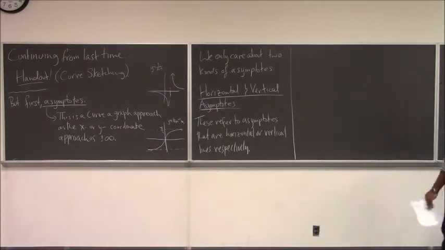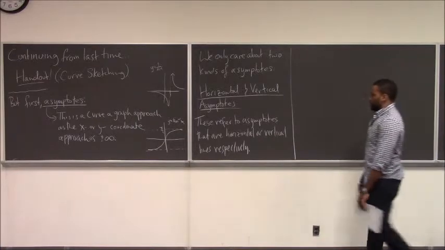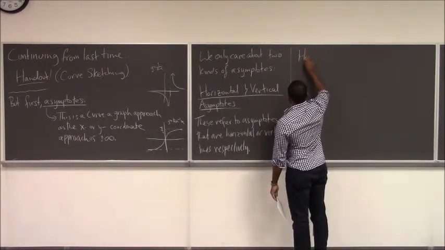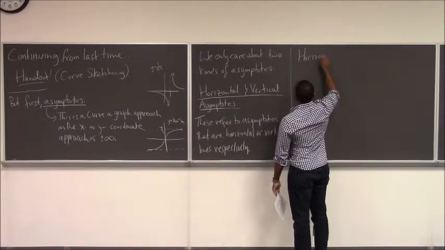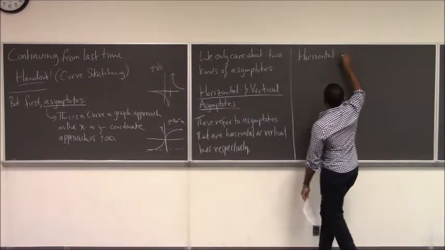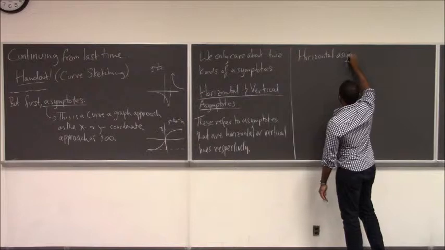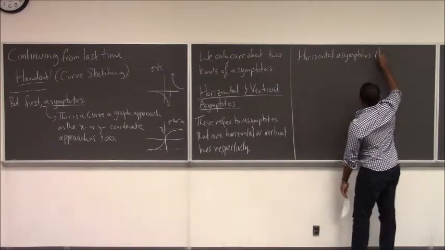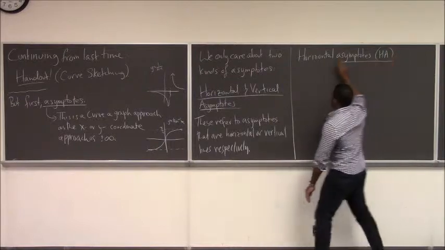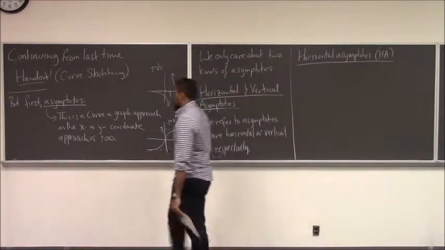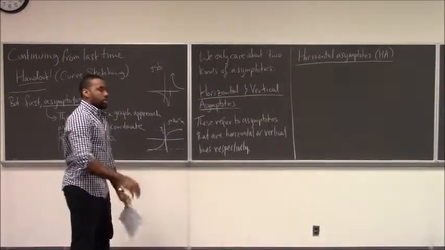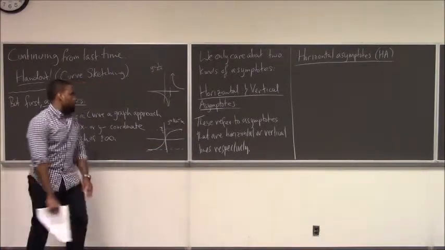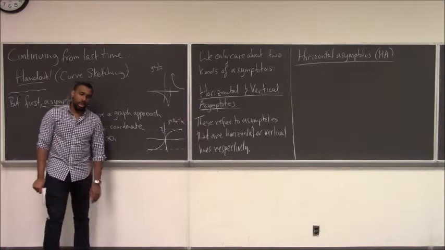So let's deal with one at a time. Let's talk about the horizontal asymptotes, HA for now. So this means as your x-coordinate goes to either positive infinity or negative infinity, there is some horizontal line that your graph is approaching.